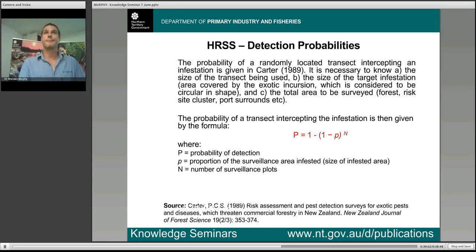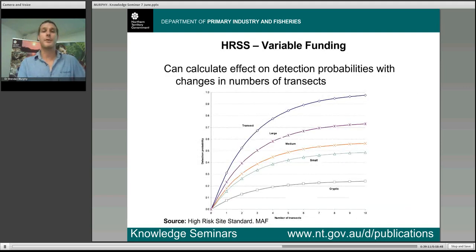So the more survey plots you have, the better, and you can look at the parameters of the transects in terms of their width and length. And when we map this out, if you're just looking at the top line there, that's talking about if you just use transects, the more transects you put in, you've got the higher probability of actually detecting a circular infestation.